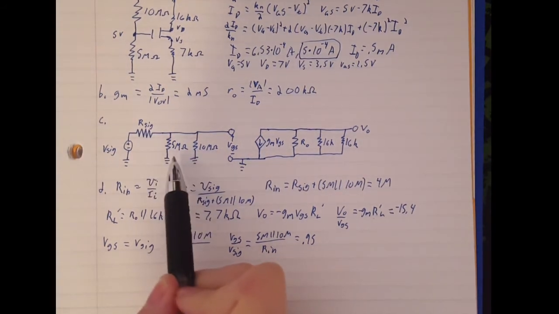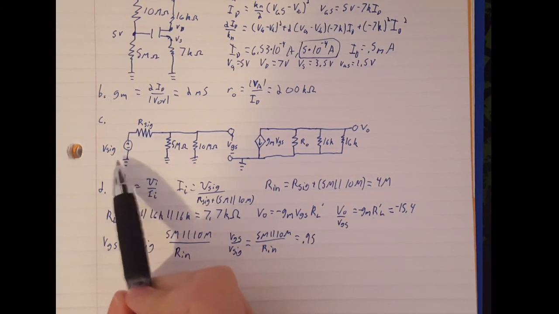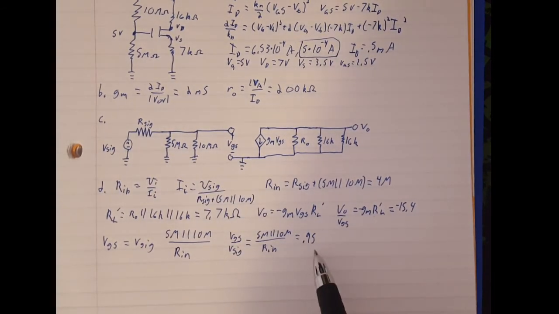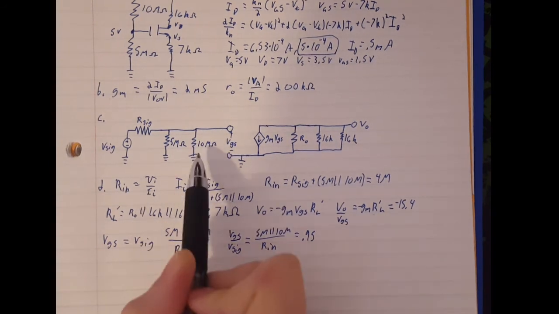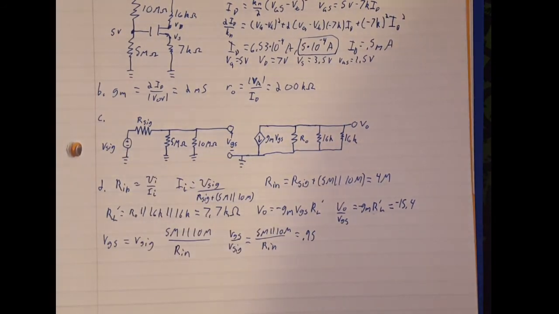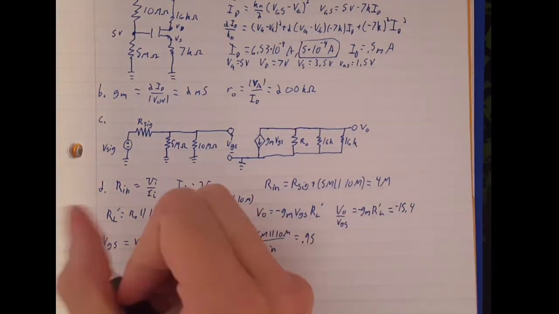The bigger these resistors are, the more V sig gets passed to VGS. The smaller this R sig is, the more V sig gets passed to VGS. We want this to be as close to 1 as possible. So we want these resistors to be really big and this resistor to be small. Finally, we want V out over V sig.